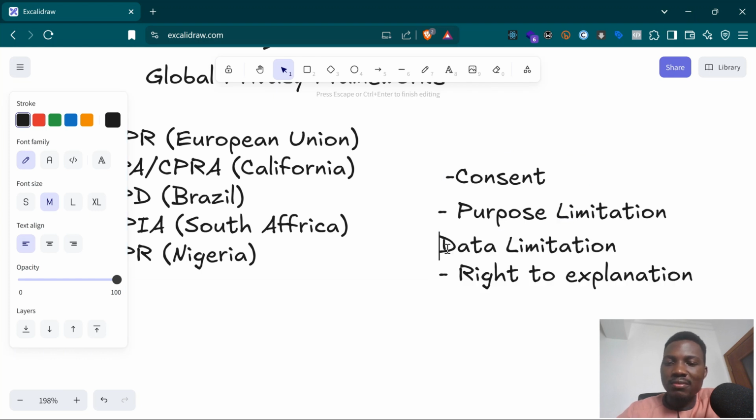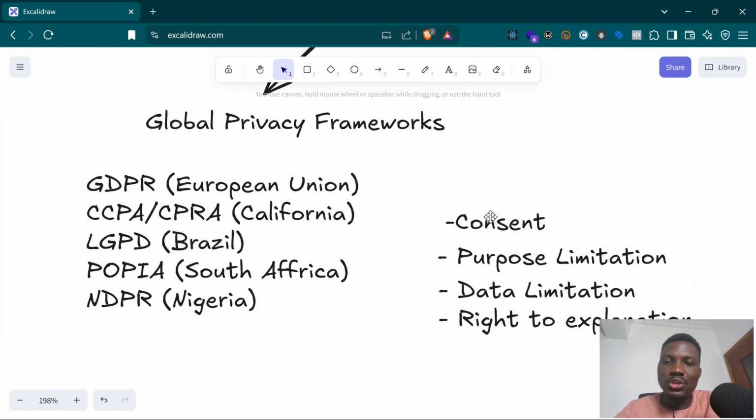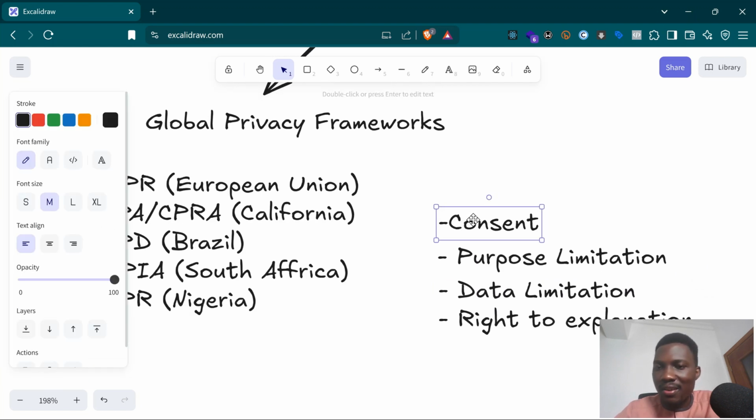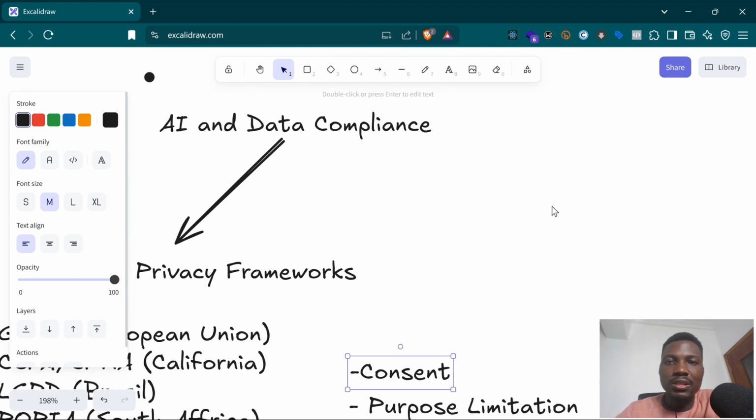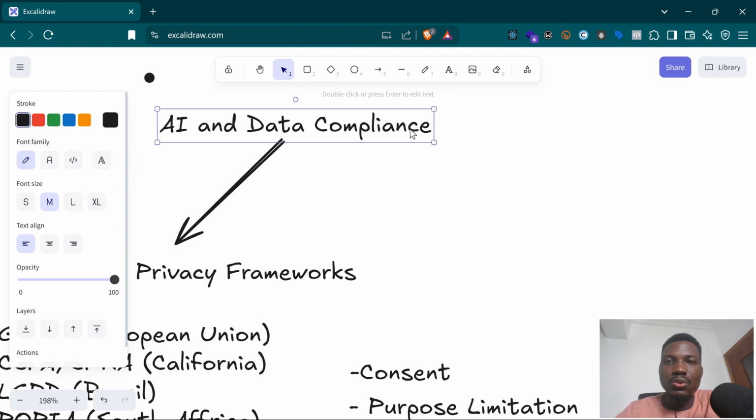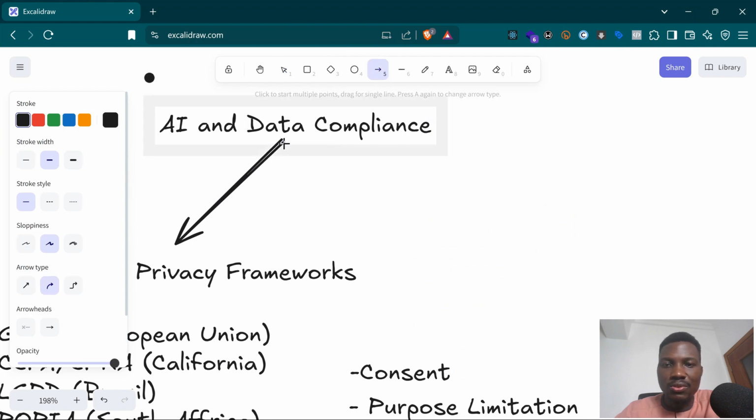Every regulatory framework will ensure that you adhere to these four points, which is very, very important. Whenever you're trying to do anything, just understand that these frameworks would require that you put all of those things into consideration.